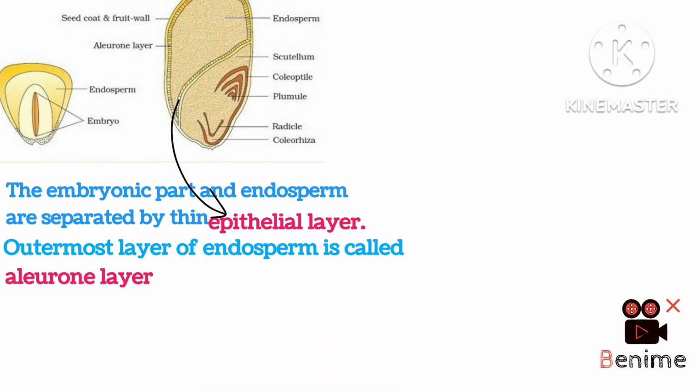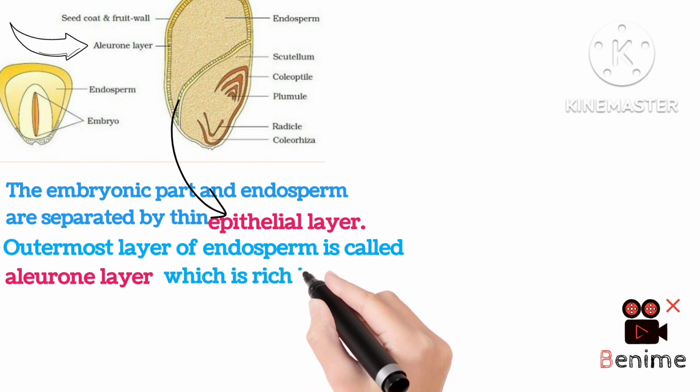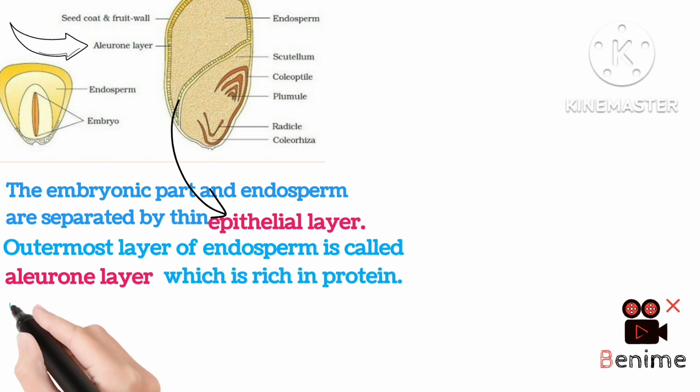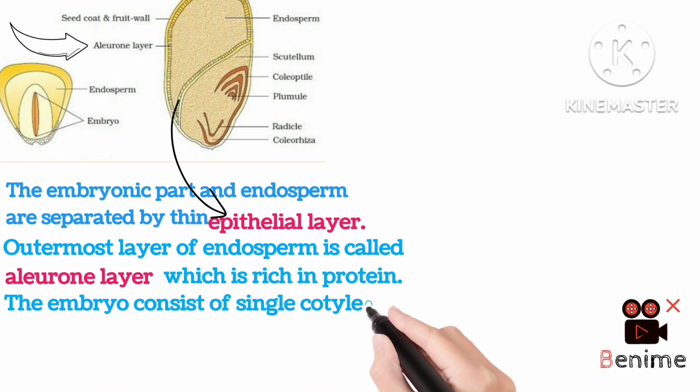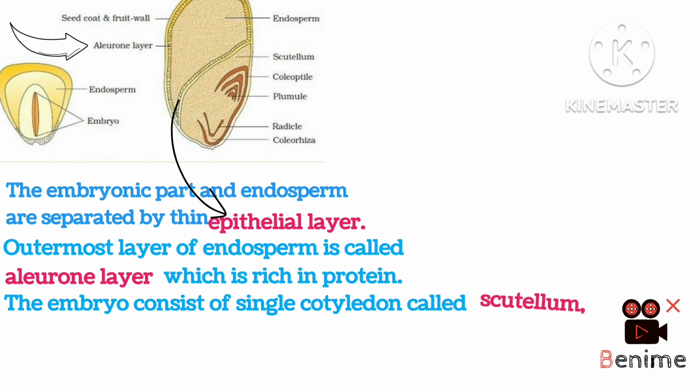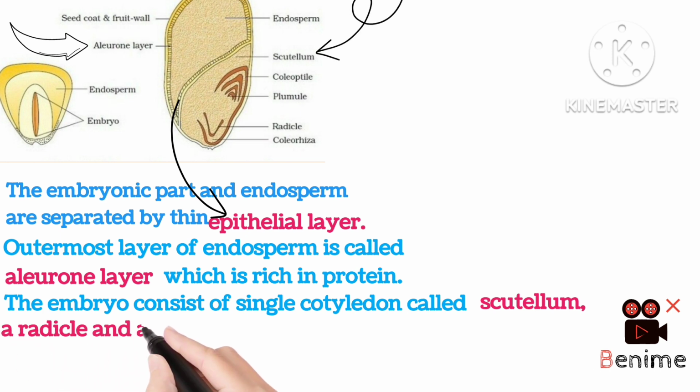Outermost layer of endosperm is called aleurone layer, which is rich in protein. The embryo consists of single cotyledon called scutellum, a radicle and a plumule.